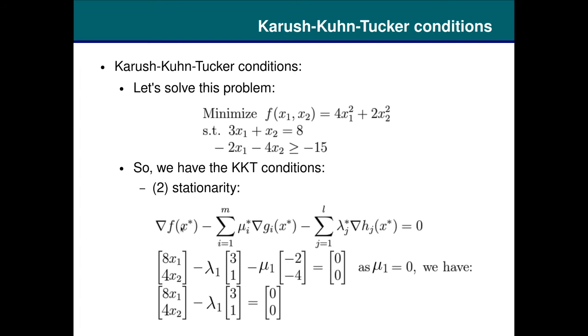Take a look. I will have to find the gradient vector for f of x. That's easy. When I differentiate this function in terms of x1, I will have, of course, 2 times 4, 8 x1, and this will be 0. That's here. When I differentiate in terms of x2, I will have 2 times 2, sorry, it's going to be 4 x2, and this will be 0.